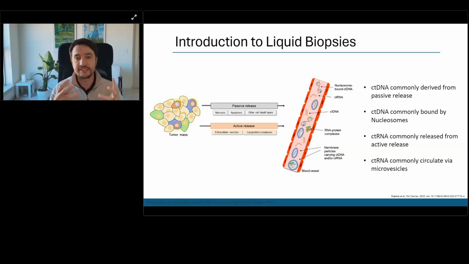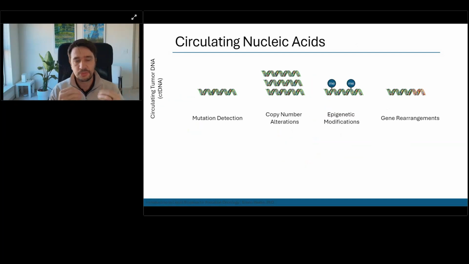The important thing there is that while both nucleic acids are spread into the bloodstream by all those processes, the idea is that commonly circulating tumor DNA is a little bit more derived from passive release, while we see circulating tumor RNA much more spread into the bloodstream by active release, for example, by being bound into extracellular vesicles.